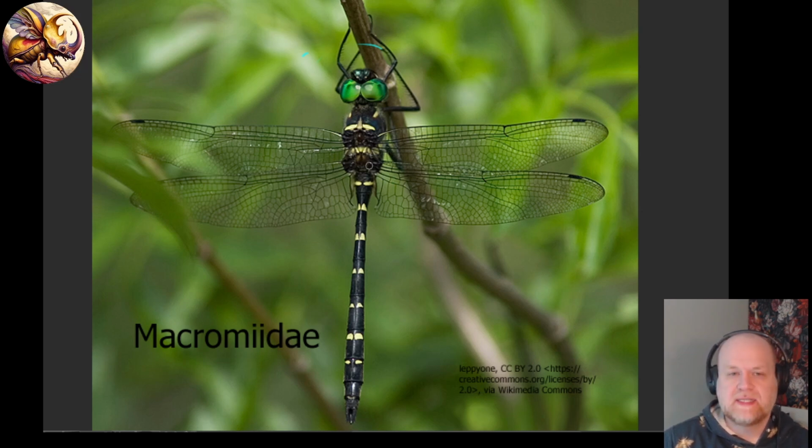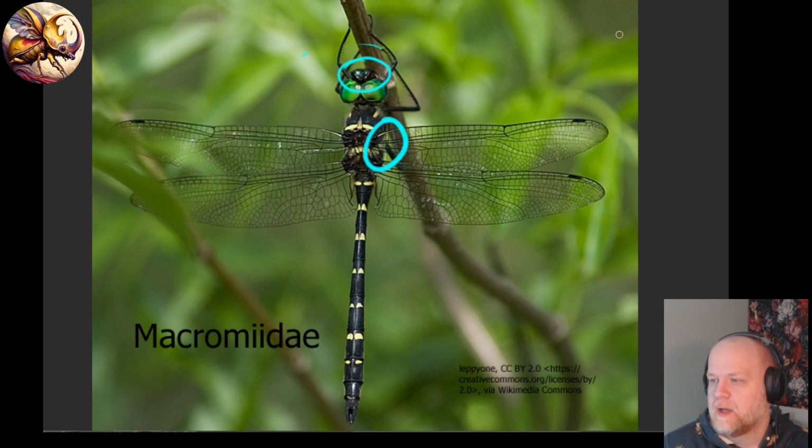All cruisers have a single stripe on the thorax, and most of them will have spots on the frons, which is this here. This particular species is known to not have those spots. This is Macromia taeniolata, which is known not to have those spots.